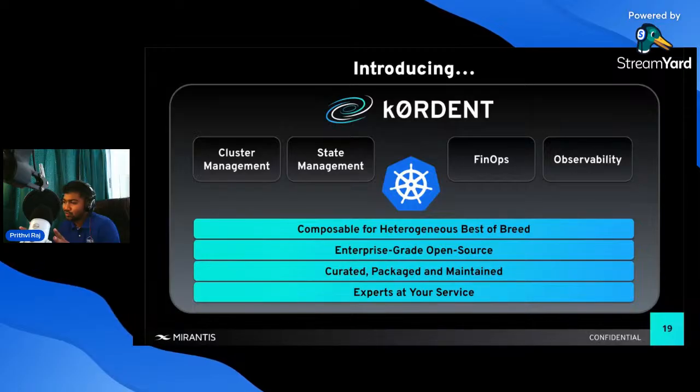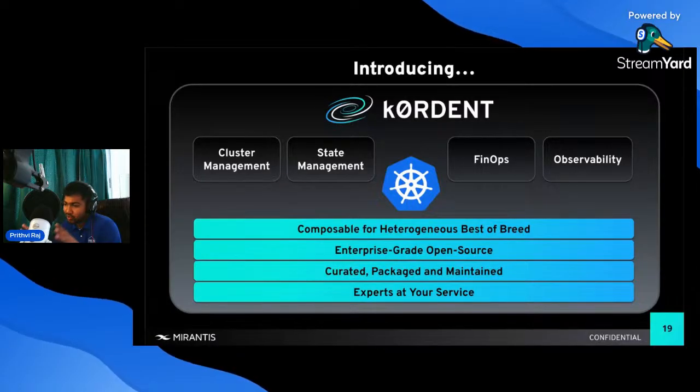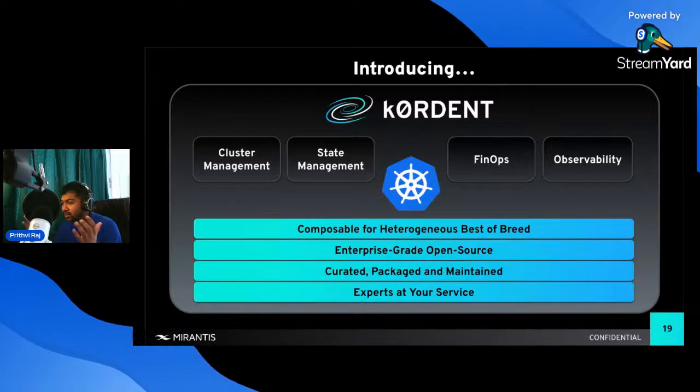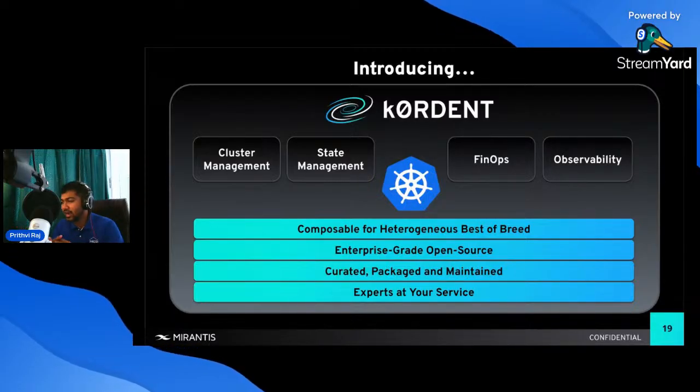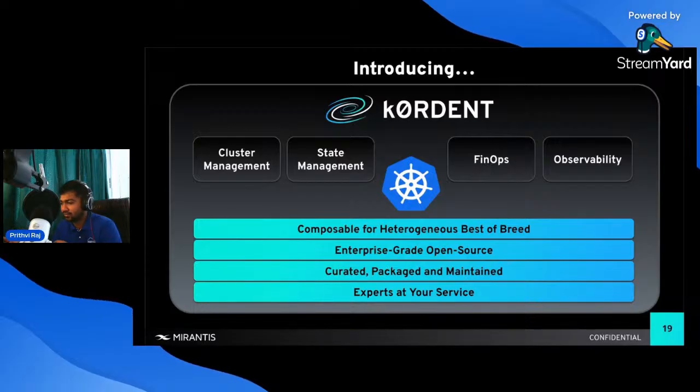So the idea was to introduce Kordent, a distributed container manager, or basically a super control plane, to ensure that you're managing your use case specific IDPs in a Kubernetes native way.